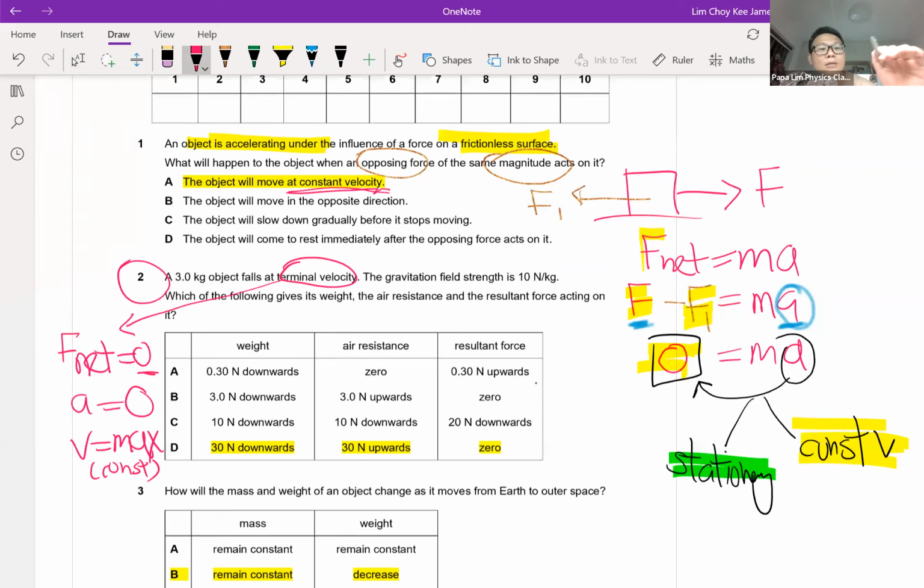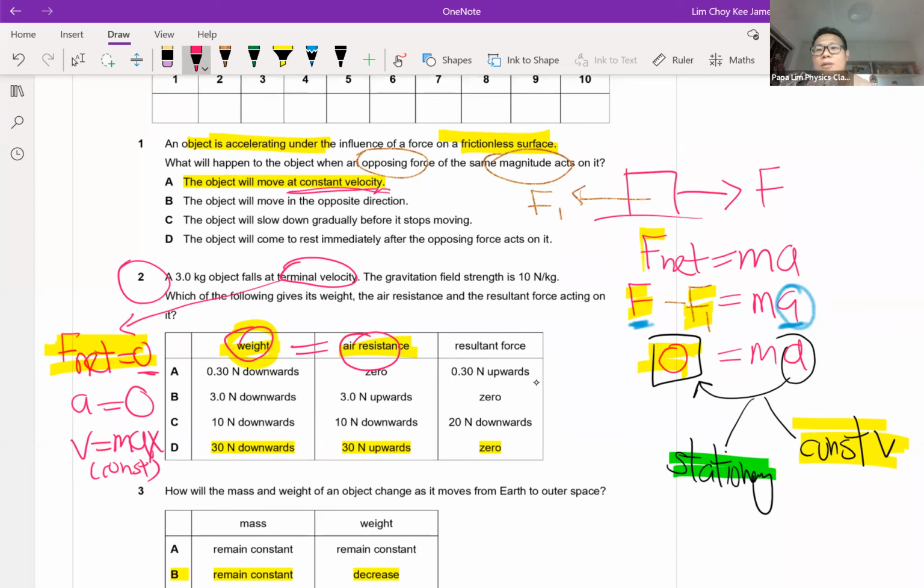And one of the important things we know is that when the net force is equal to 0, it means the forces experienced by the object balance out. In this question there are 2 forces. In free fall, there are 2 forces experienced by the object, which are the weight and the air resistance. And the moment you know that there are these 2 forces and the net force is 0, same as question 1, it means these 2 forces have to be equal.